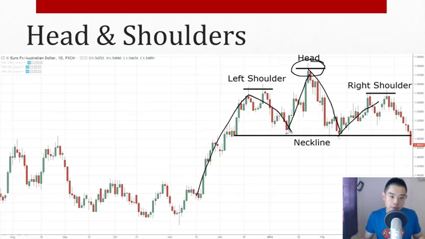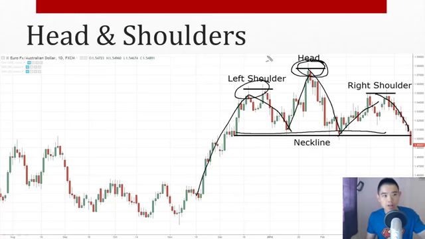Recall that it broke out of this prior high, but at this point it failed to even break out of the prior high, and now it retraced back towards this area of support, otherwise known as the neckline. So head and shoulders is usually a sign of weakness in the market. It doesn't mean that you go short immediately, but it's telling you that the buyers are slowly losing steam. They're losing strength. So this is what a head and shoulders pattern tells you.